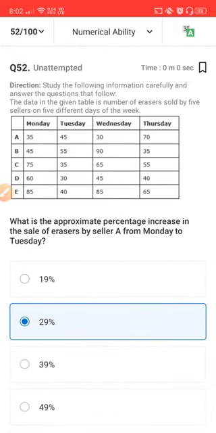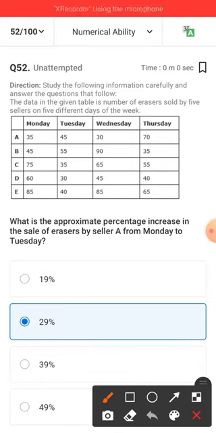Then what is the approximate percentage increase in sales of erasers by seller A from Monday to Tuesday? What percentage increase? You can see this increase is 10, from 35.